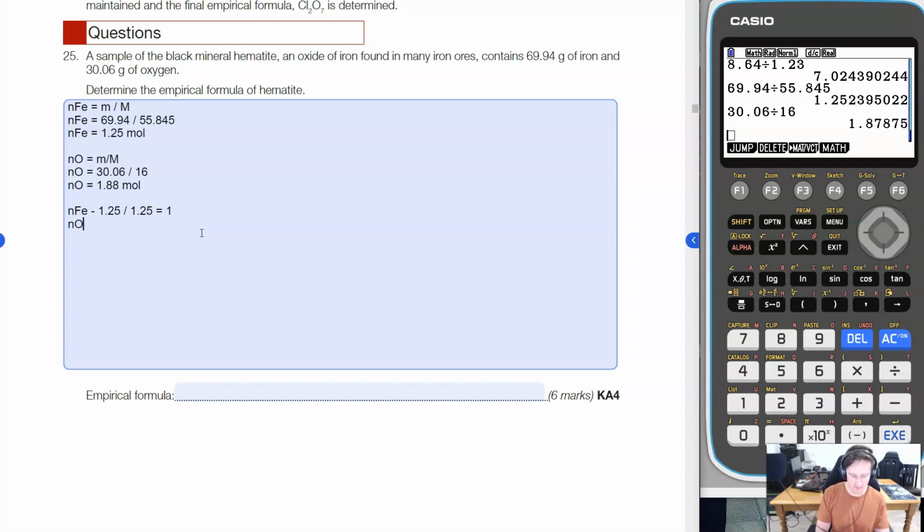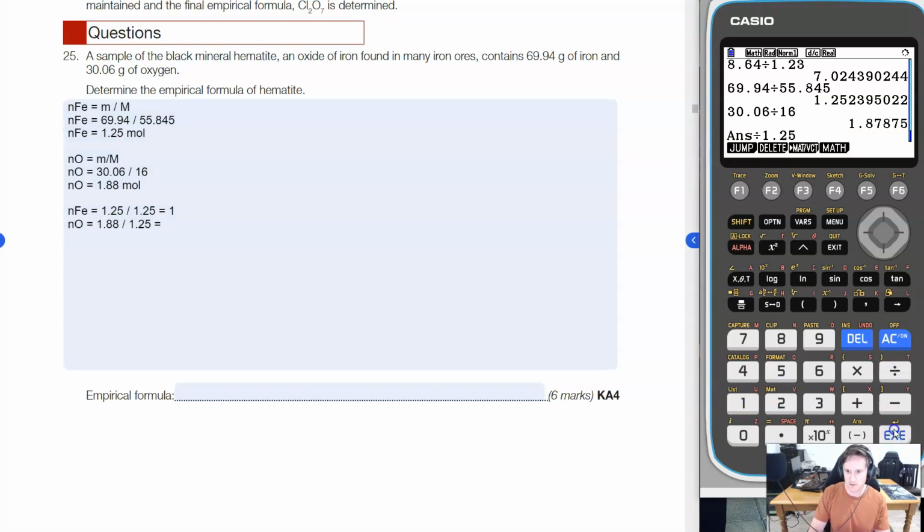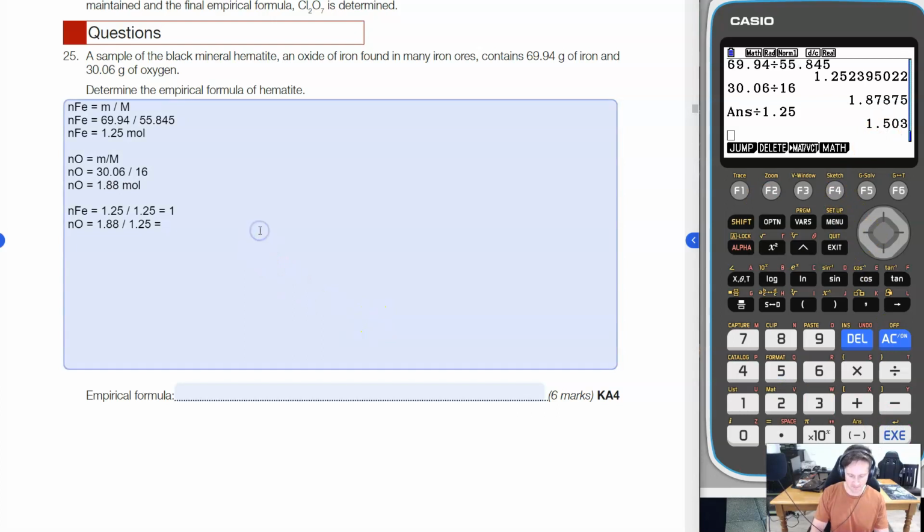So then the number of moles of Fe equals 1.25 divided by 1.25, which is equal to 1. So we're just scaling down based on our ratios. Moles of O is equal to 1.88 divided by 1.25. Now this is where we're going to run into a bit of a challenge. So it's 1.5. Now you can't have 1.5, so we're going to scale that up by multiplying by 2.